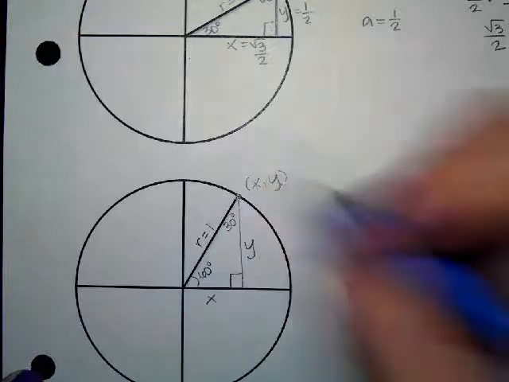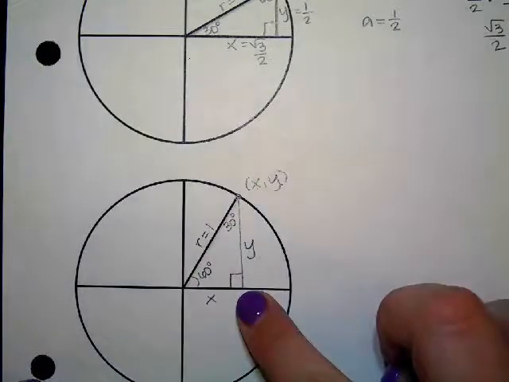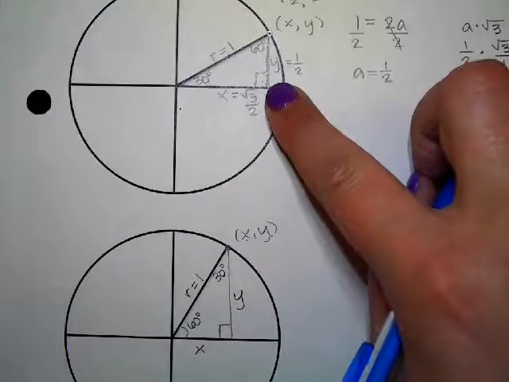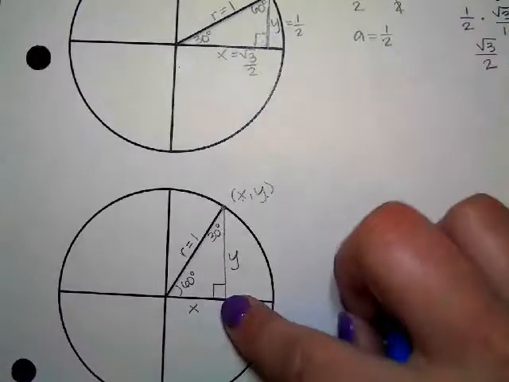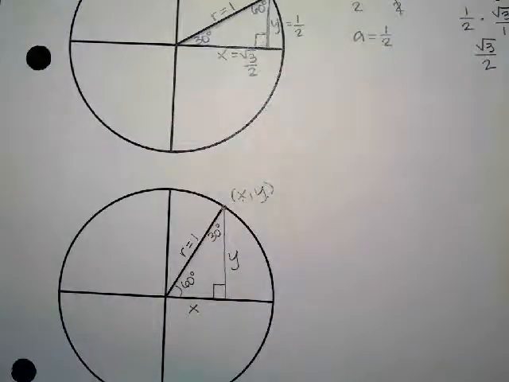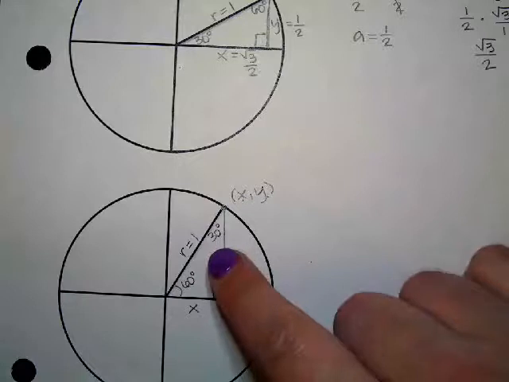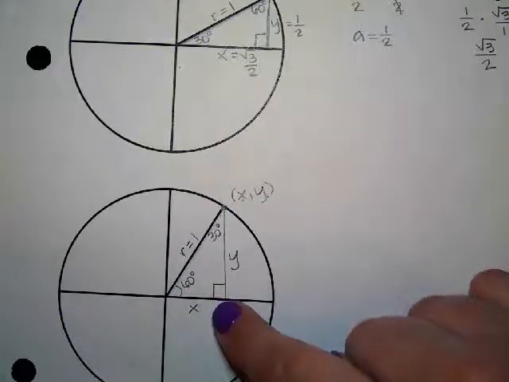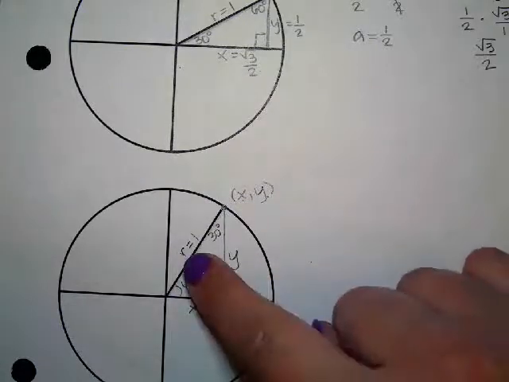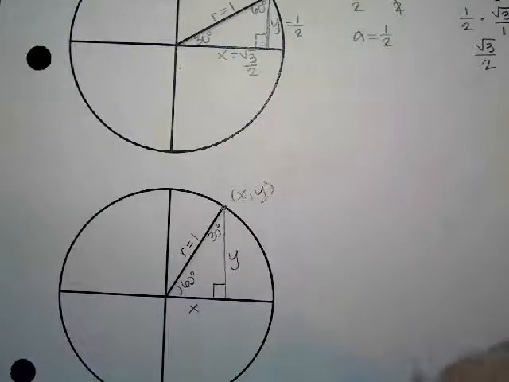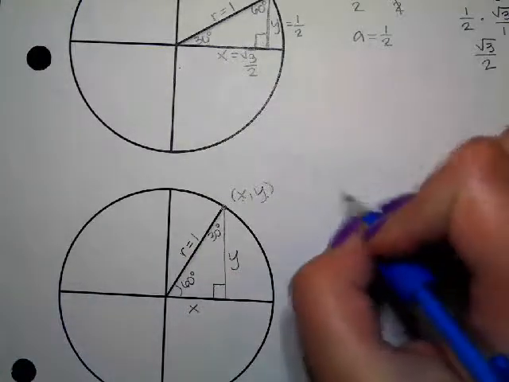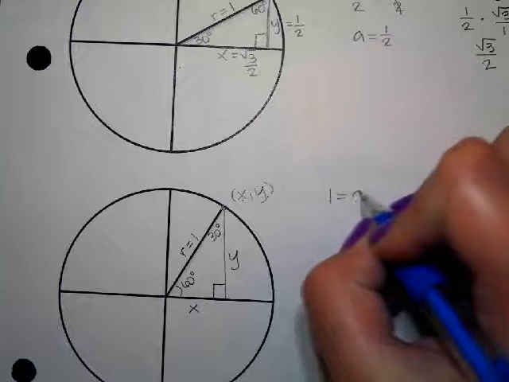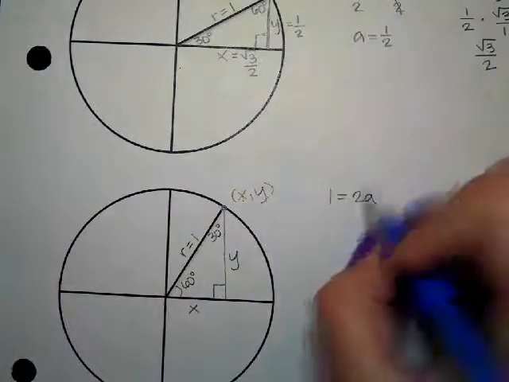So you can see that it's actually the exact same triangle. It's just oriented differently, so it's kind of flipped around. So since it's a 30, 60, 90 triangle, and the hypotenuse is 1, I actually have the same relationships that I had last time. So I still have 1 equals 2a. I can still divide by 2.